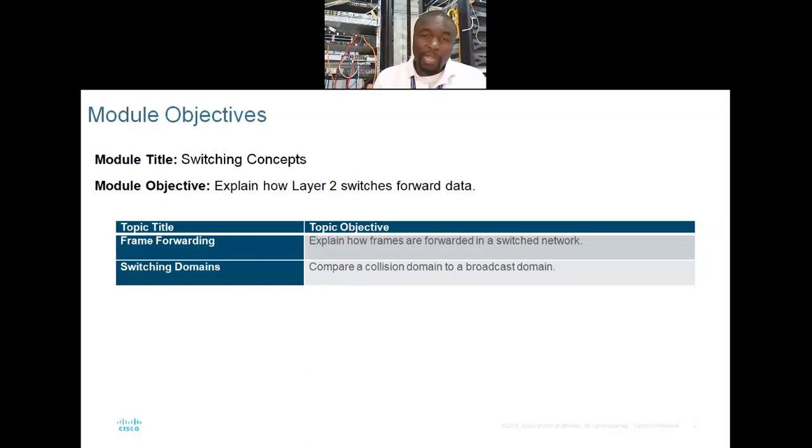The PDU at that level is called a frame. Switches also function at layer 2 of the OSI model. So it's a multi-port internetwork device that receives and forwards frames and also manipulates these frames.